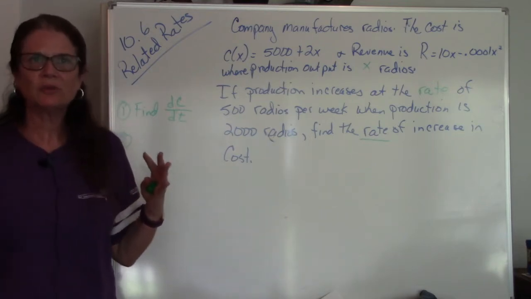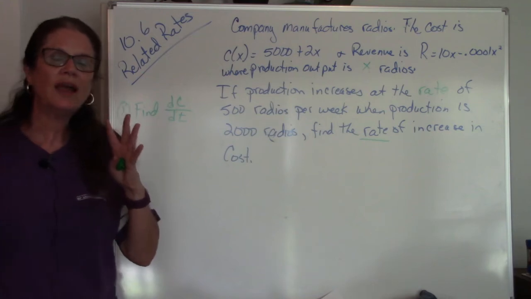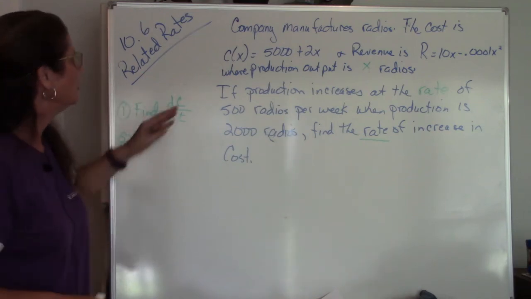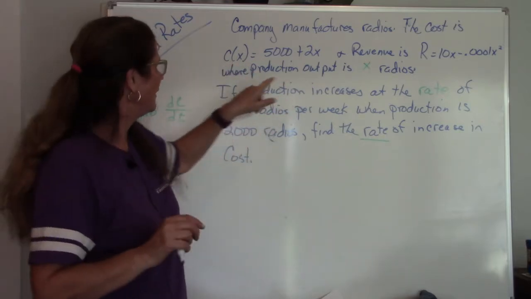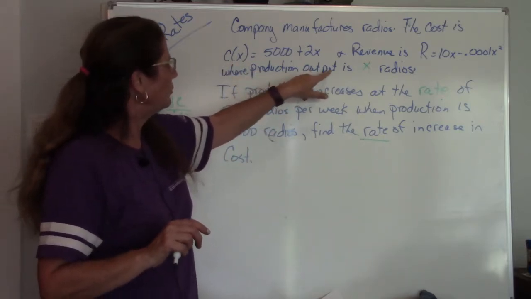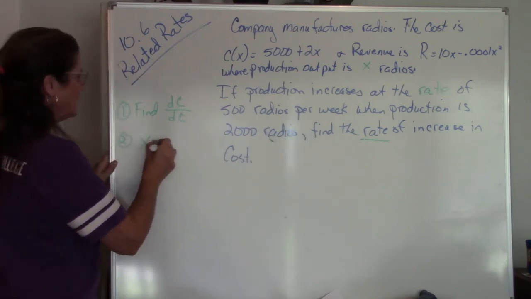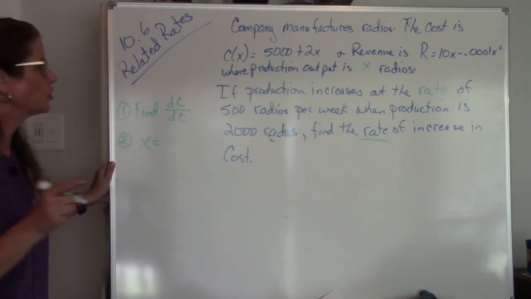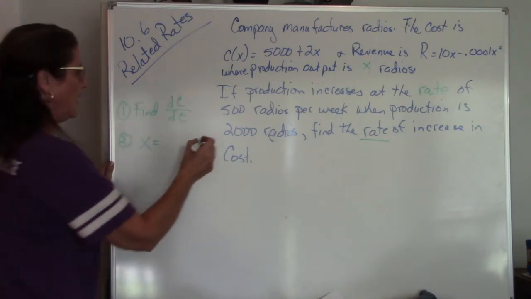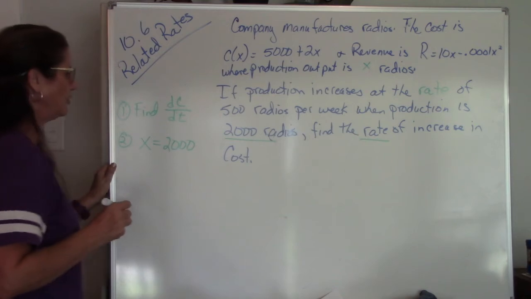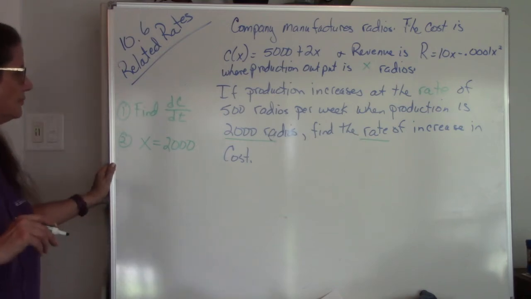What information do we have? This is where you have to go back and identify what the things mean. I kind of highlighted it. The production output is x radios, so we know x is the number of radios. How many radios do we have? We have 2,000, so our x value is 2,000.